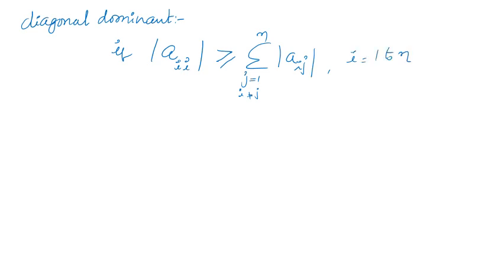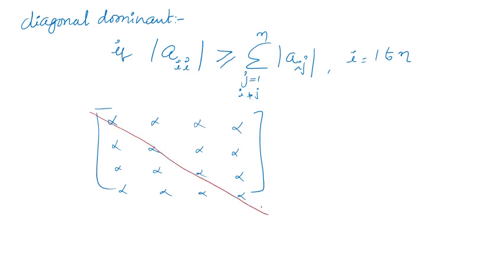Let me explain this. Let me consider some 4 by 4 matrix, and these are the diagonal positions. This is a11. Here a11 value is greater than or equal to the sum of aij in the corresponding row, that is a12 plus a13 plus a14, every term with modulus.